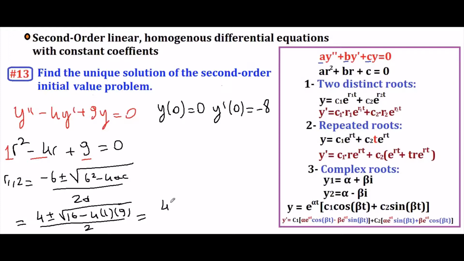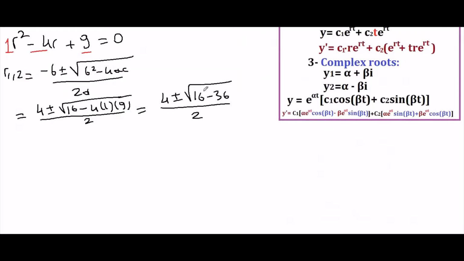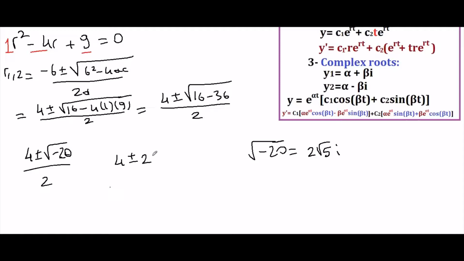From here we obtain 4 plus or minus the square root of 16 minus 36, divided by 2. Here we obtain -20, so 4 plus or minus the square root of -20, over 2. The square root of -20 is equal to 2 root 5 i, so we have 4 plus or minus 2 root 5 i over 2.